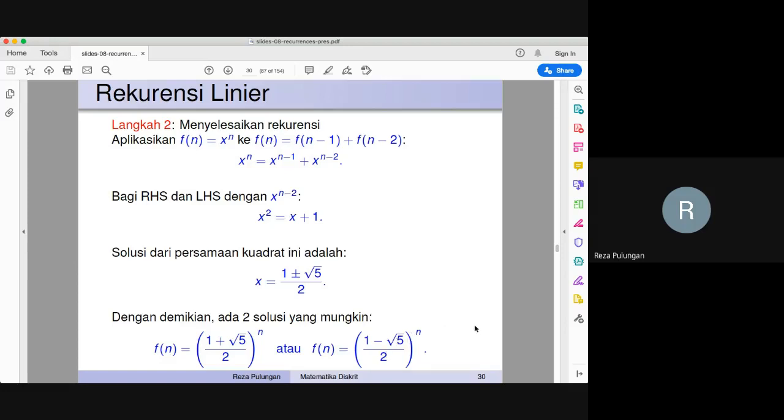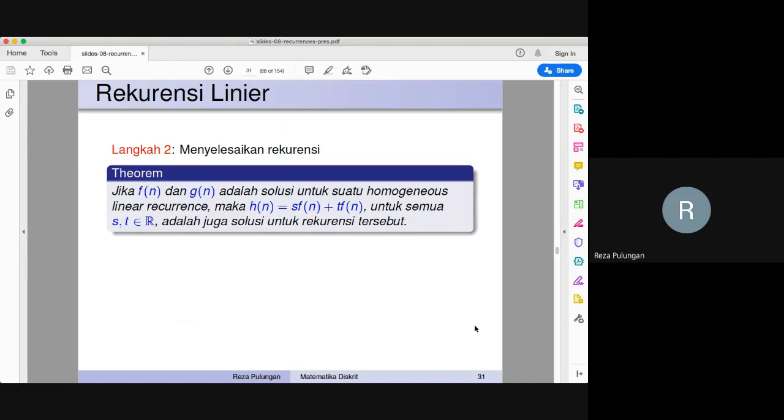How do we deal with this one? Well, we have this theorem. The theorem says that if Fn and Gn are solutions of a homogeneous linear recurrence, then Hn, which is equal to S multiplied by Fn plus T multiplied by Gn, for all S and T elements of the real numbers, is also a solution.